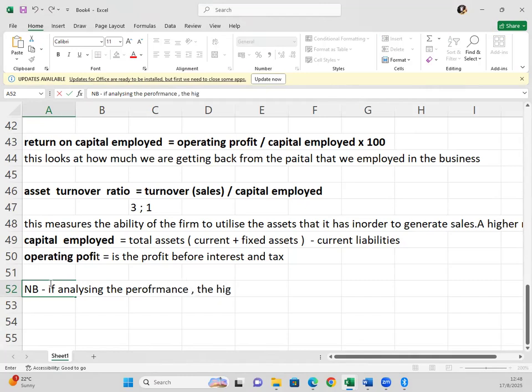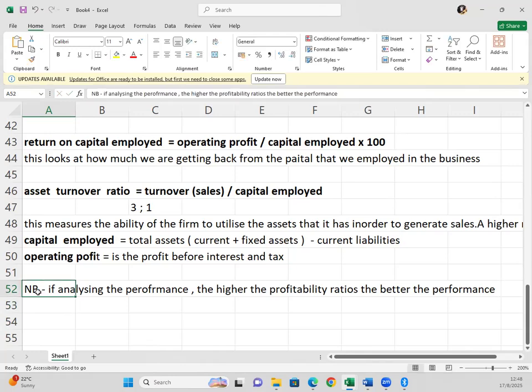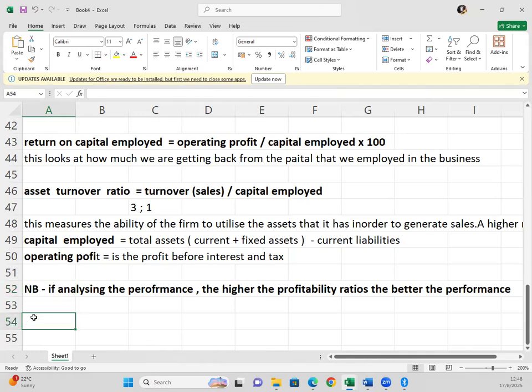The higher the profitability ratios, the better the performance for the business. So our aim is to have higher profitability ratios.